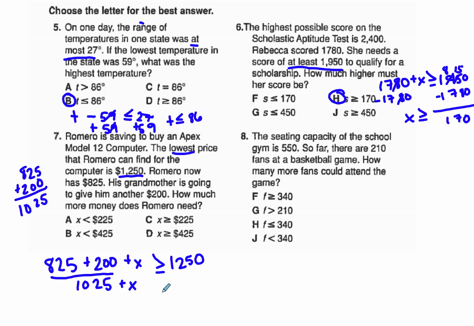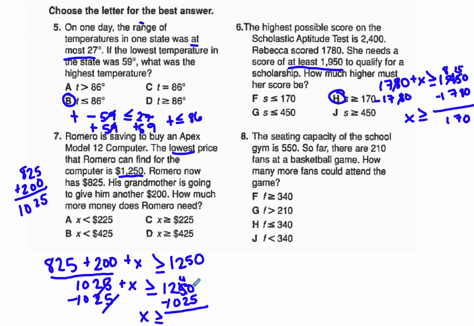plus x is greater than or equal to 1,250. Now we're going to subtract. We have x is greater than or equal to, let's see.